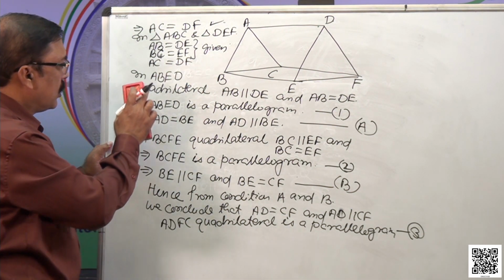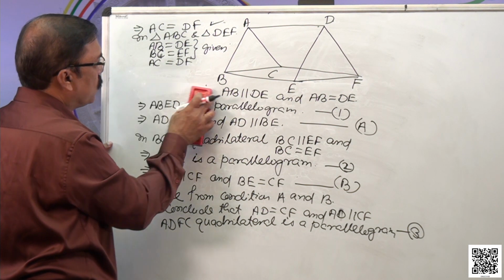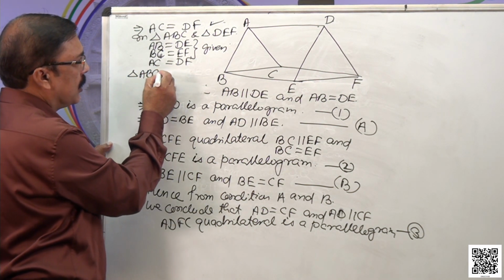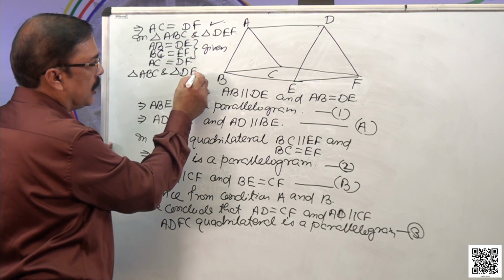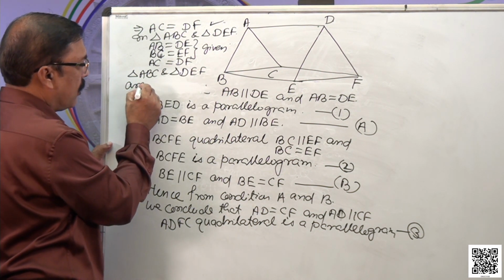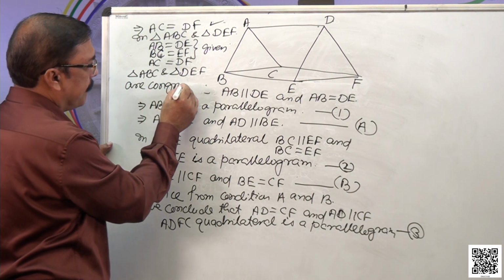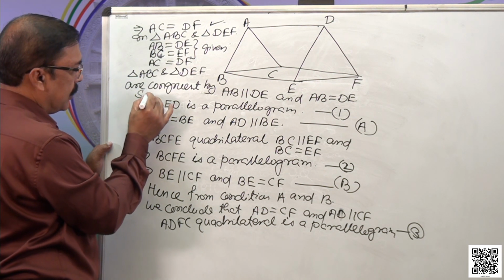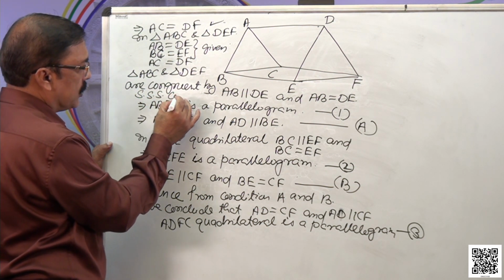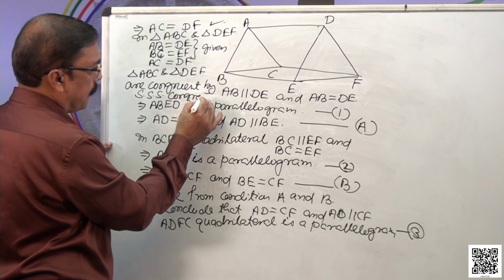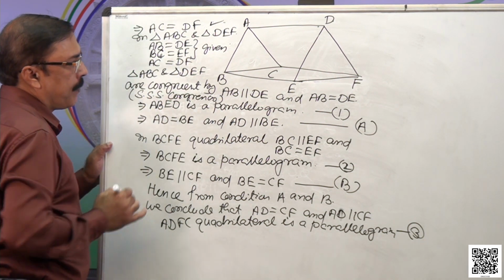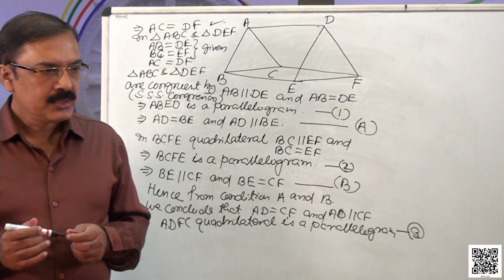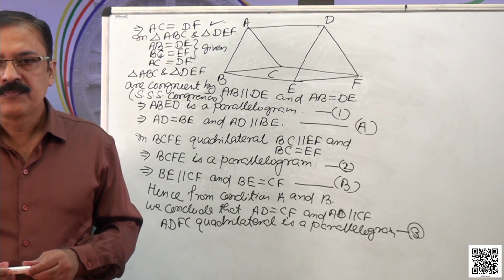So, by which congruency are these two triangles congruent? Triangle ABC and triangle DEF are congruent by side congruency. So, from this we proved all the 6 parts of this proof.